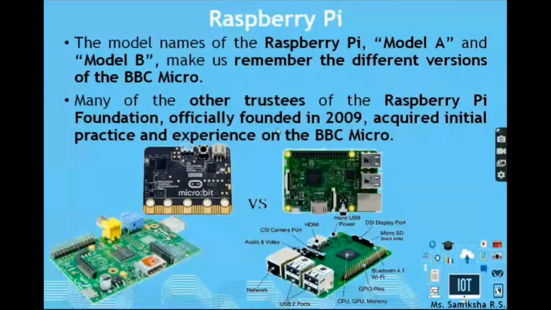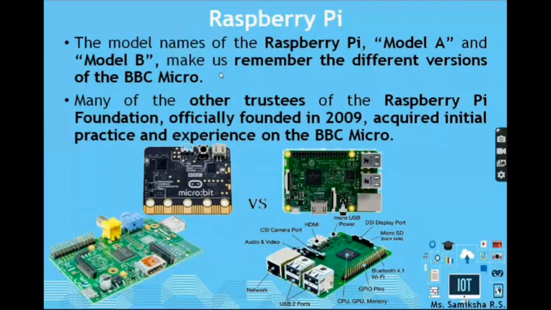Then many other trustees belonged to the Raspberry Pi Foundation, which was officially founded in 2009. So from 2006 they started gathering people, and in 2009 they formed this official foundation.